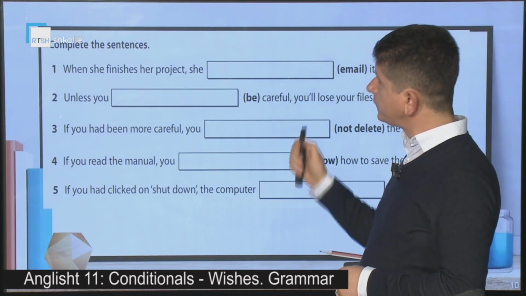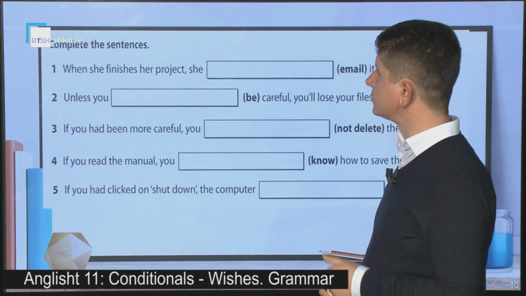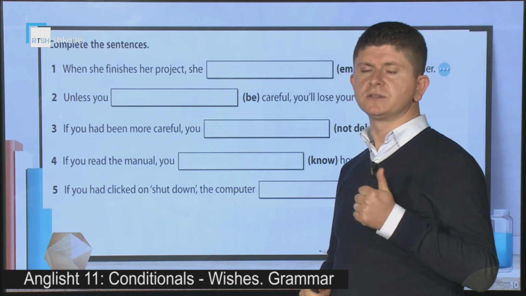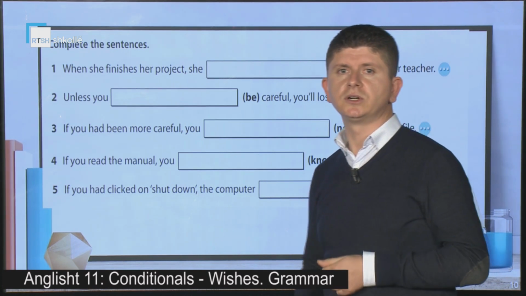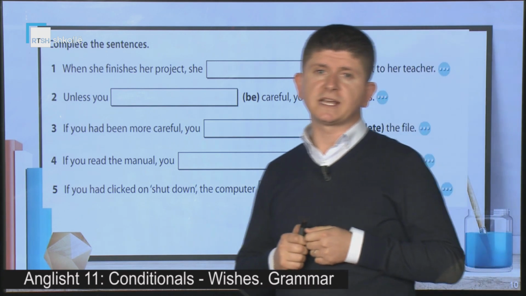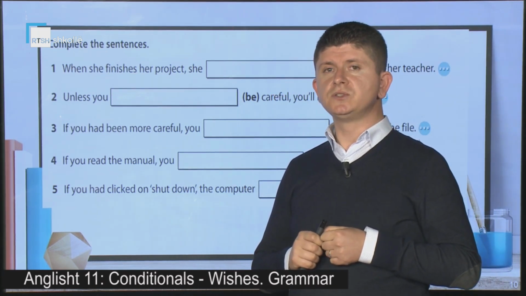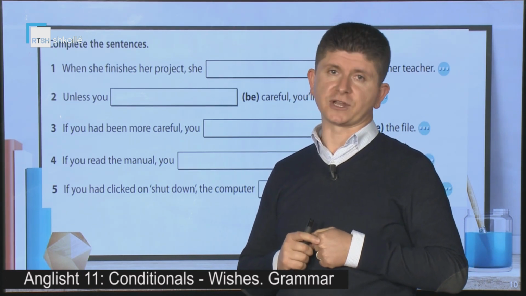Okay. Before dealing with this exercise, which is about the different types of conditionals, so zero, first, second, and third conditional, remember, zero conditionals are used to express general truths or laws of nature. First conditional is used to express future possibility. Second conditional is used to express unreal situations about the present.